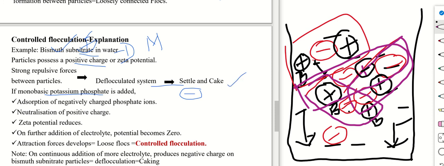There will be a neutralization of the positive charge of the bismuth subnitrate particle, and thus the zeta potential decreases and becomes zero. It is at this phase that attractive forces exist between the particles.